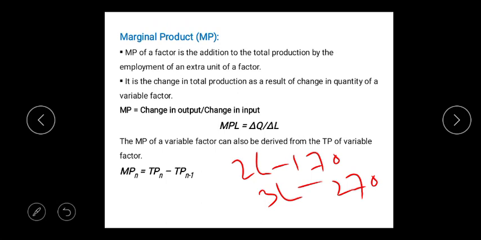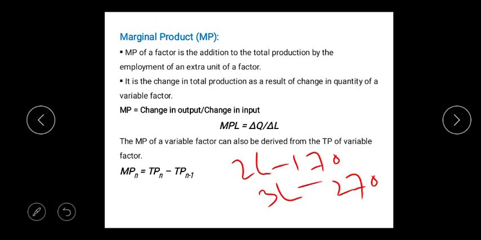Now we have to calculate the marginal product of the third labor, or the addition in production due to addition of one more unit of labor. It can be calculated with the help of this formula, that is MPn is equal to TPn minus TPn-1.